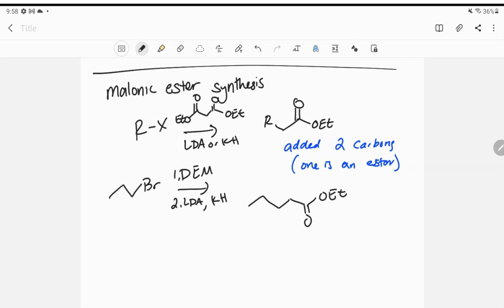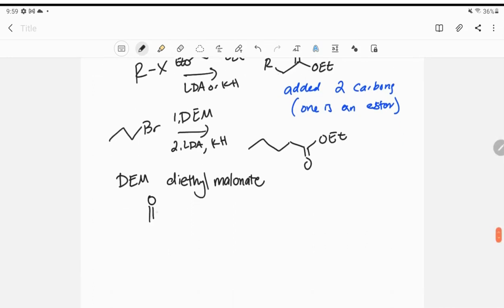So we've added 2 more carbons to our molecule, and the second carbon has an ester on it. DEM is diethyl malonate. That's that top molecule there. That is diethyl malonate. That is our reactive species here.